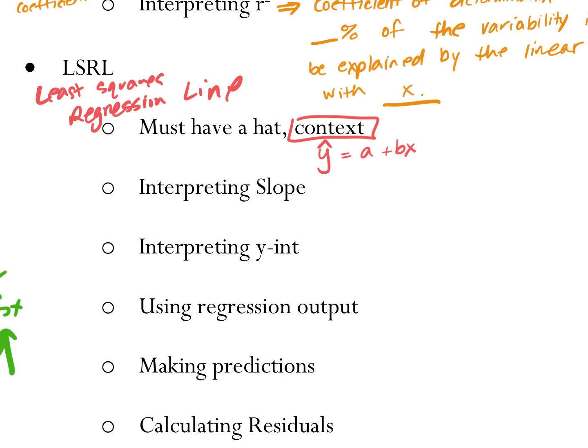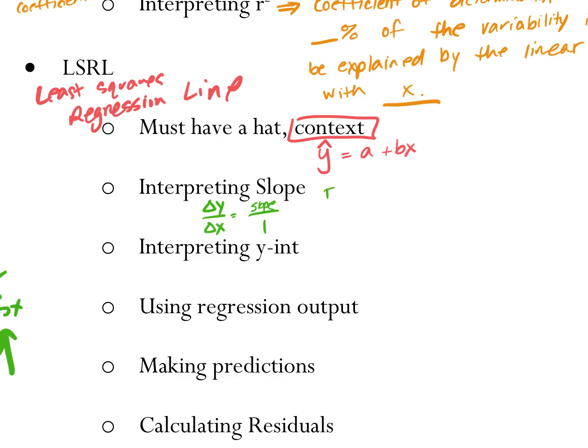So let's go ahead and talk about interpreting this slope. I know we reviewed this literally right before break. It is the change in y over the change in x, and usually you put your slope over 1, right? So first you're going to describe the change of x being 1.